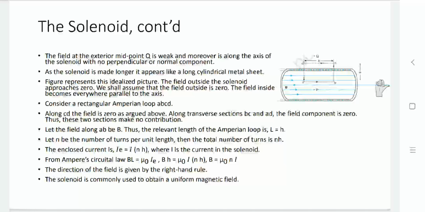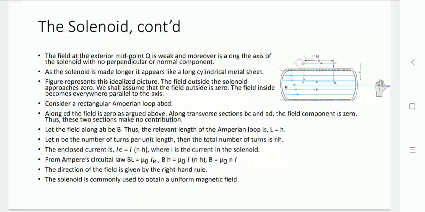To understand that, we take a rectangular loop ABCD. AB we take at the interior part, CD at the exterior part near point Q, connected by portions AD and BC. Now take the magnetic field.